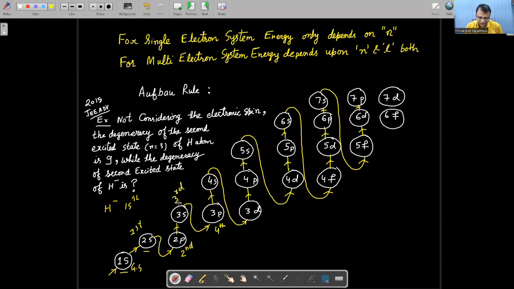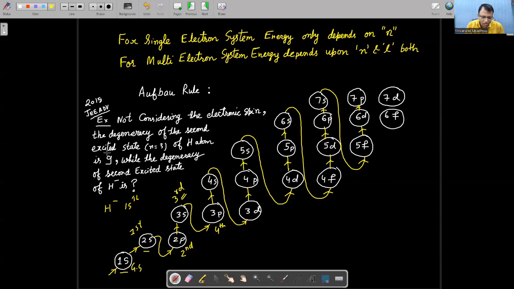And from here, this is the third excited state, and in this there is only one orbital. So this is a question of 2015. I am reading the question: not considering the electronic spin, the degeneracy, meaning we are discussing an orbital, depends on 3 quantum numbers.